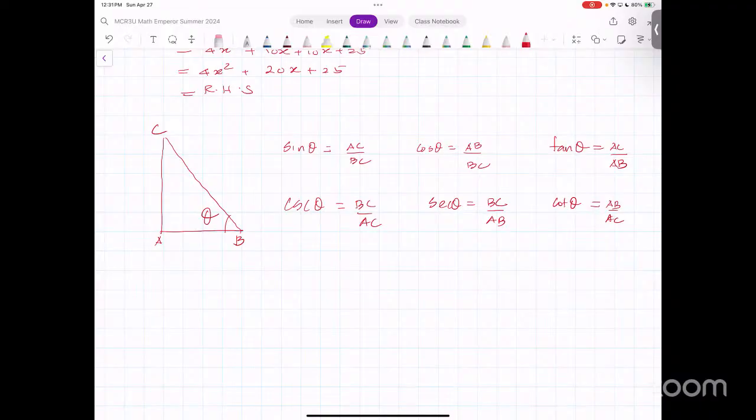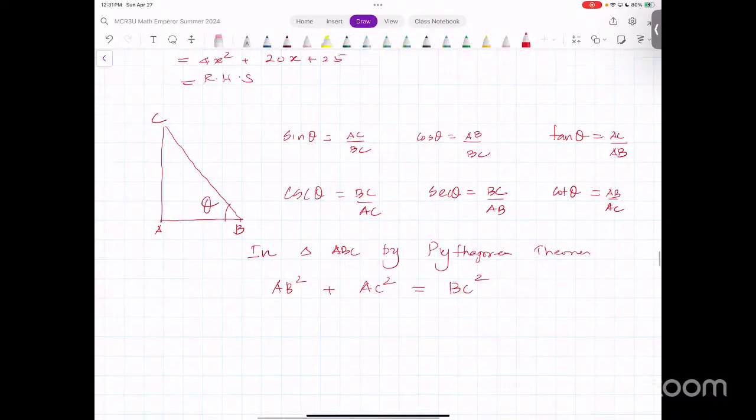All right. Now, in triangle ABC, by the Pythagorean theorem, we know AB squared plus AC squared is equal to BC squared. Anyone disagree with that?